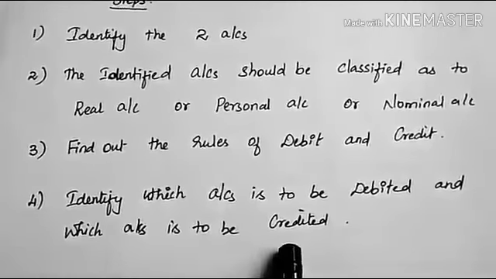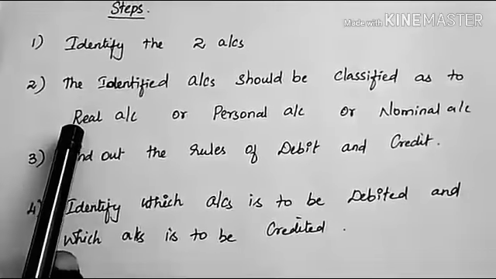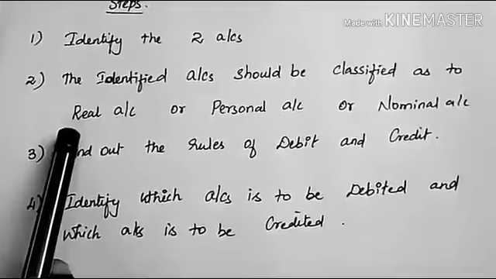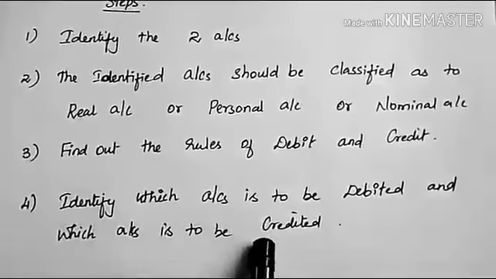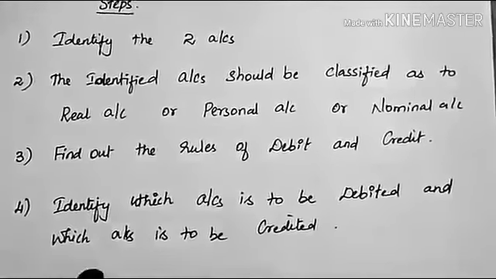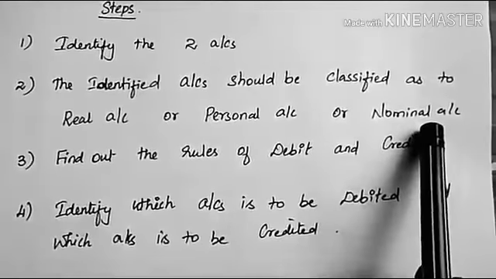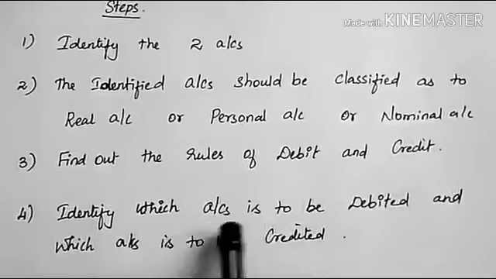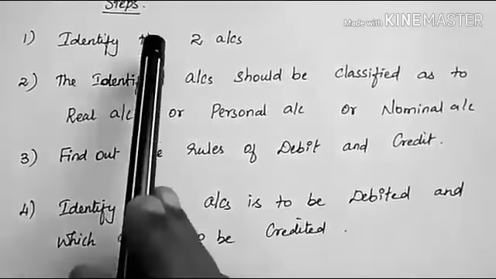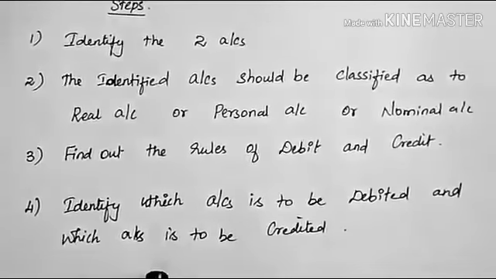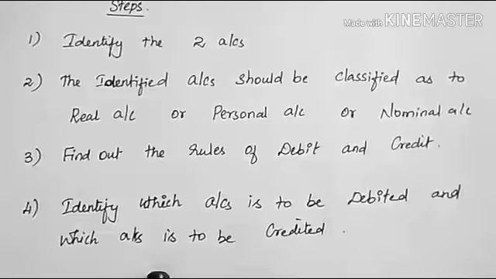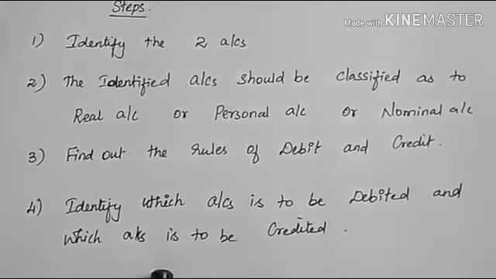Because when you pay salary, cash goes out. According to the real account rule, debit what comes in, credit what goes out, so cash should be credited. Salary is an expense, and the nominal account rule is debit all expenses, so salary should be debited. These are the 4 simple steps. With the help of these 4 steps, you can make a journal entry in a systematic manner.